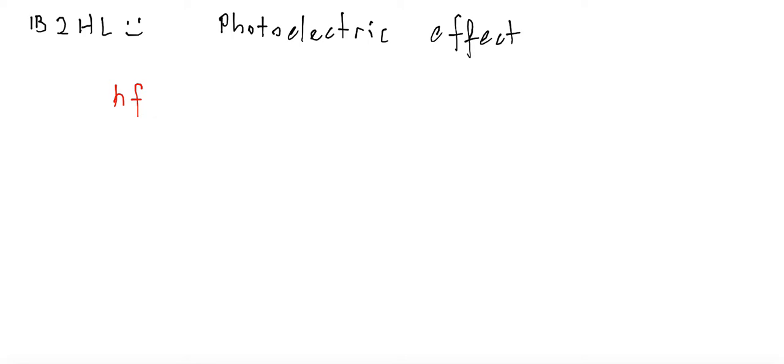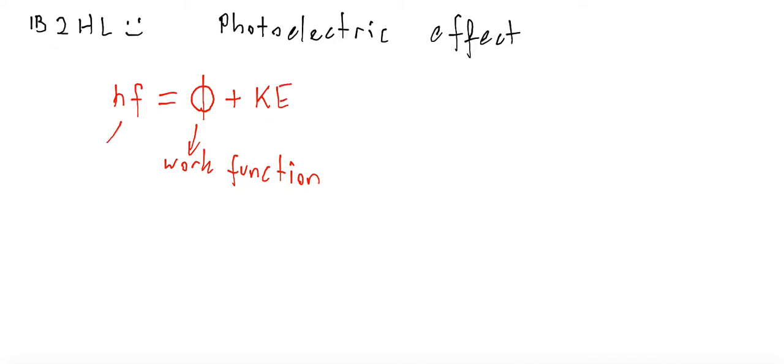When this photon hits the surface of metal, it can emit an electron from the surface. Of course, this happens only if the energy is high enough, because each electron needs a certain amount of energy called the work function to be emitted. If the photon has more energy than the energy needed to emit an electron, then the electron is emitted, and the rest is of course the kinetic energy of the emitted electron.